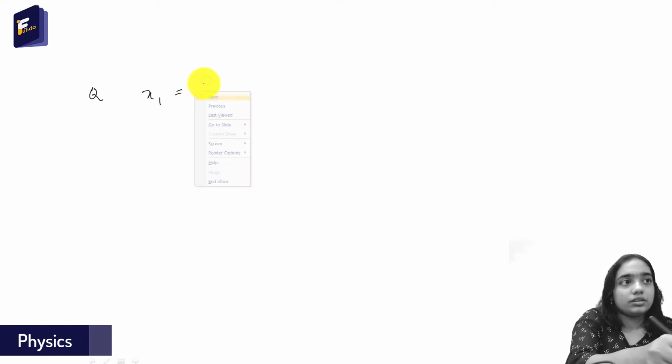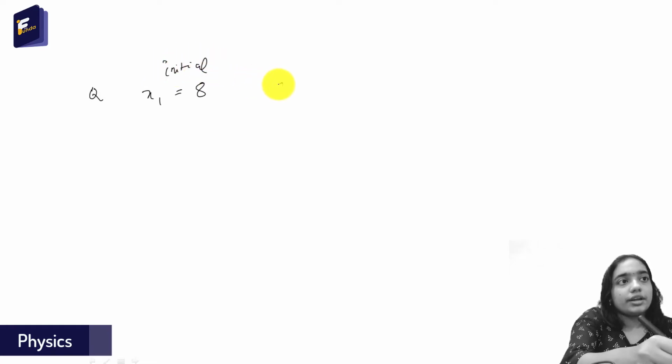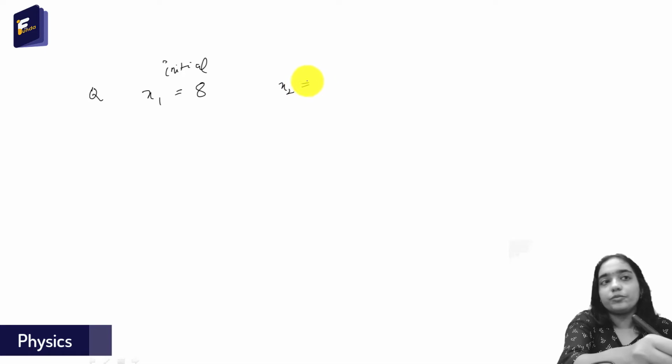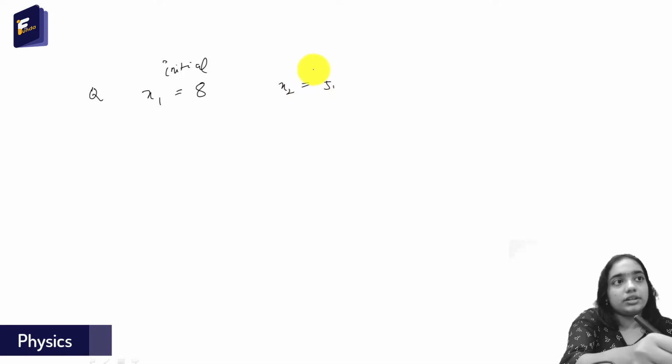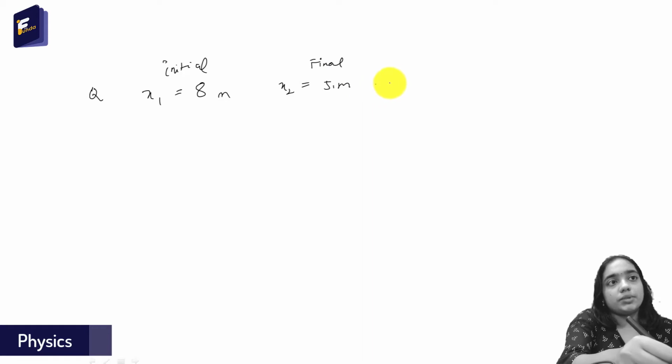So another example is a simple question. If a particle moves from x1 equal to 8, that is the initial position, and x2 equal to 5, that is the final position, what is the displacement?